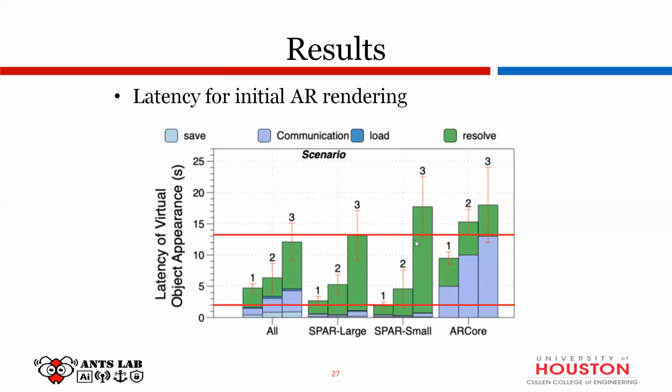But when we get to scenario 3, which is the large area and different positions, the large one had less latency than the sparse small. And also in this case, the one sending all keyframes has a lot less latency of virtual object appearance compared to the others.